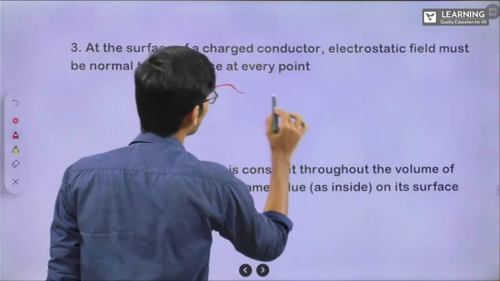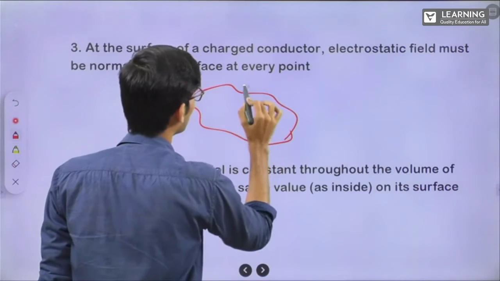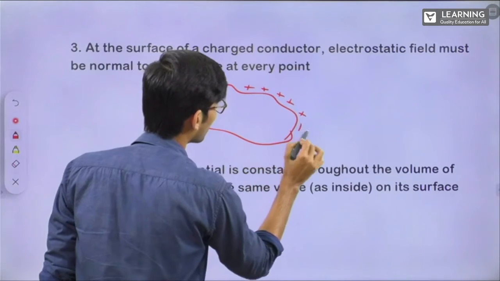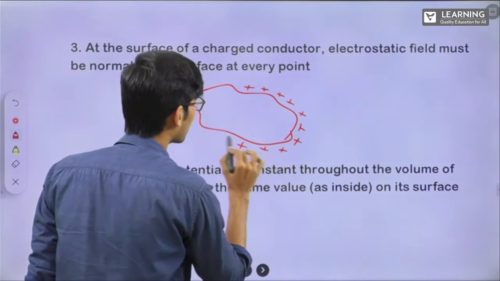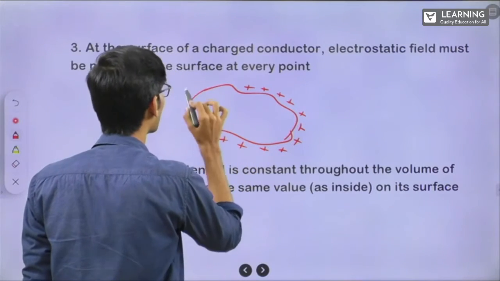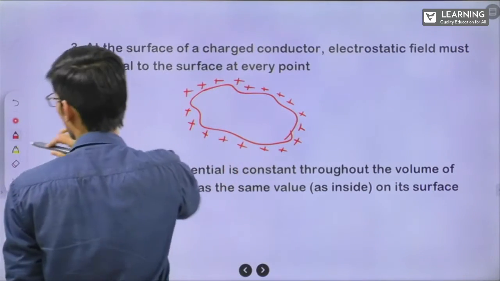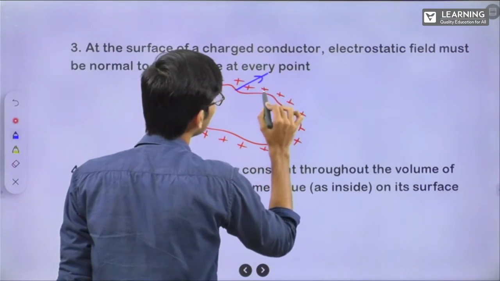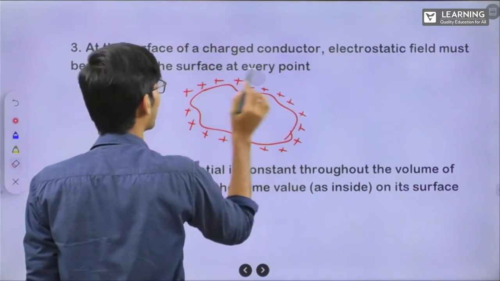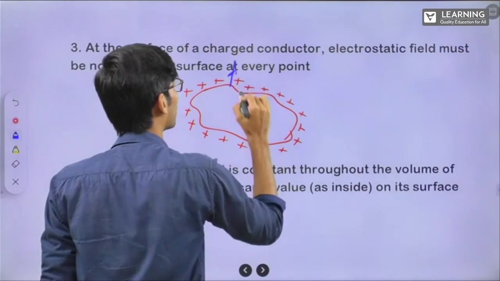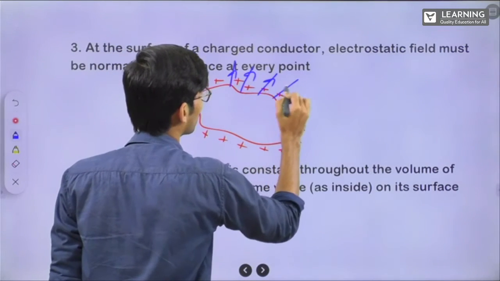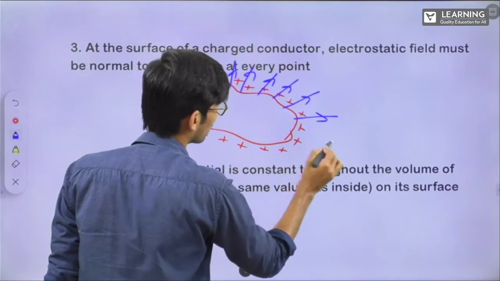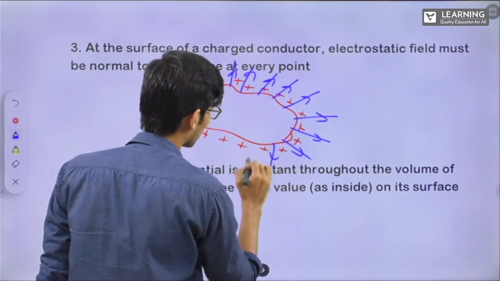What you have to remember: if this is a conductor with a lot of positive excess charge, the electric field due to this excess charge will be normal to the surface.